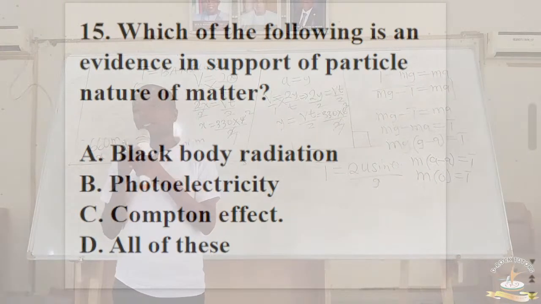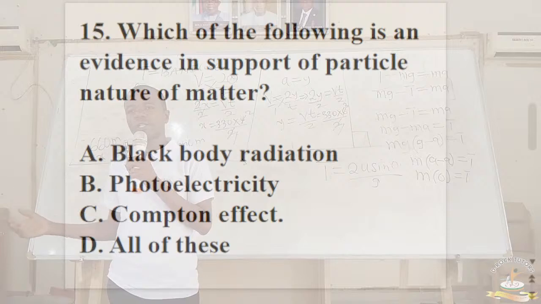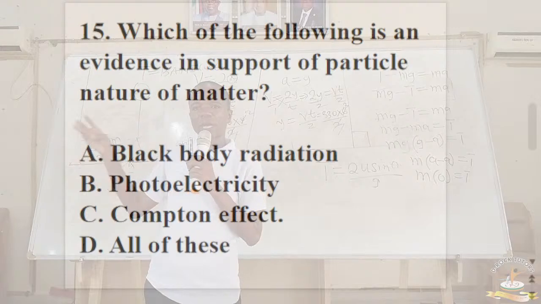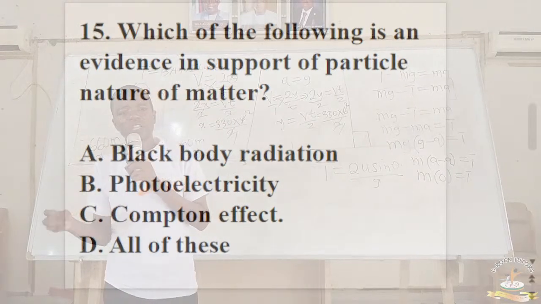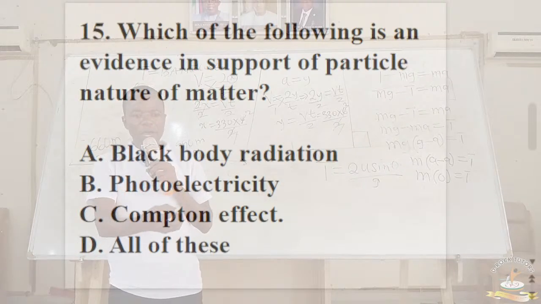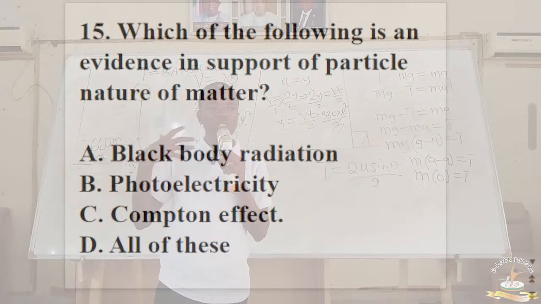And the particle nature characteristics of electrons are of majorly four types. The particle nature of matter or electron can be supported by evidences such as thermionic emission. For thermionic emission, a process whereby electrons are ejected from the surface of a metal when such a metal is heated.